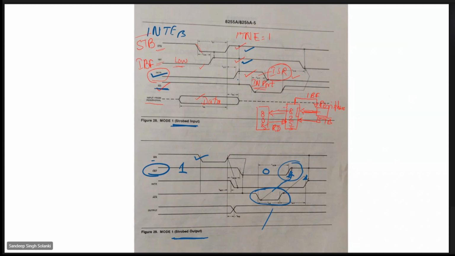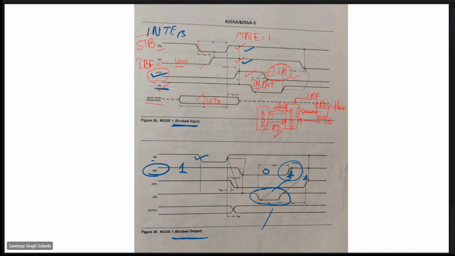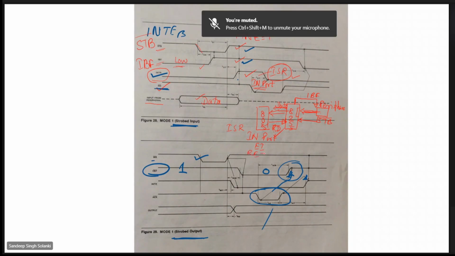The data goes from here to here once the read is generated. This happens because of your IN instruction, which is written in your ISR. If it requires more interrupts, then EI and then return will be mentioned in the ISR.